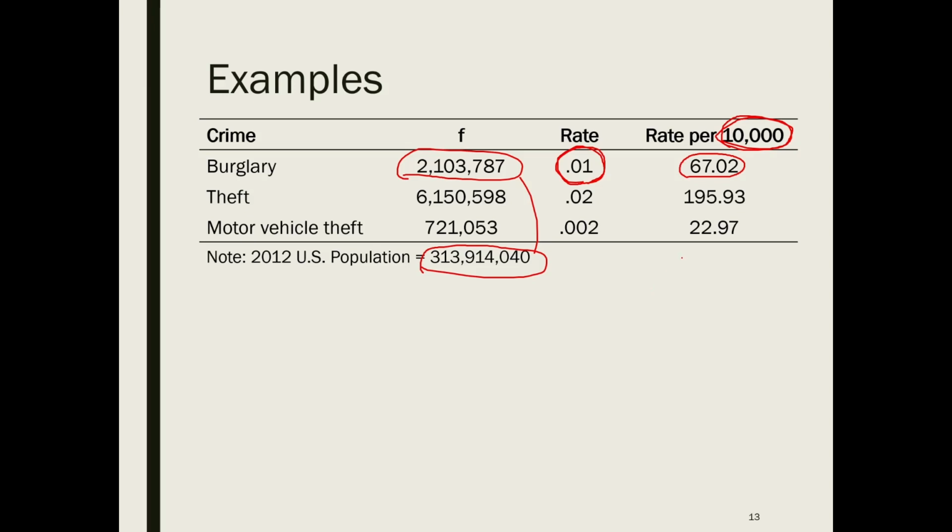Or you can say 67 burglaries will happen in a population of 10,000, on average. Some places could have more, some places could have less, but it's on average.